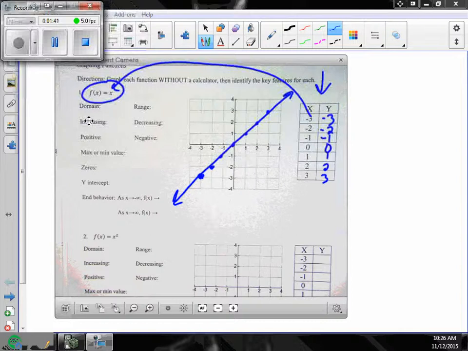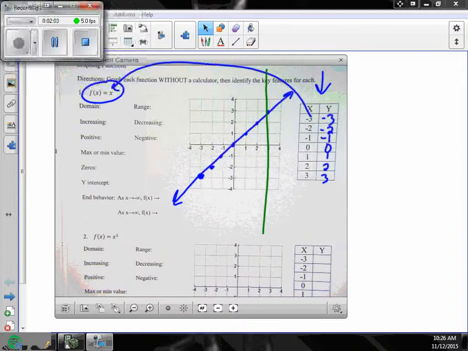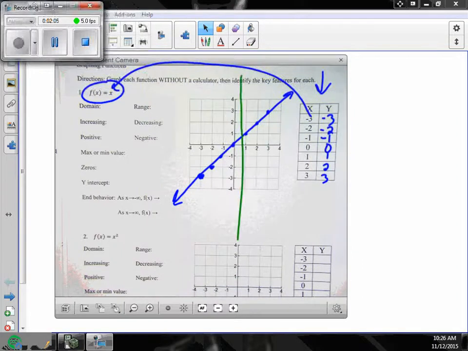Well, then we have to fill out all the answers to those questions. So remind me what domain means. The x's. So I'm going to draw a vertical line through the x-axis, and I'm going to use this line to help me figure out what the domain is. Are there any x values, so any of these numbers, that if I draw the line, that line will miss the graph?